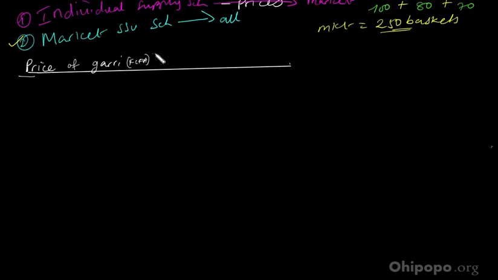The next will be the market supply of gari. The prices range from 20, you have 30, you have 40, you have 50, and lastly 60.